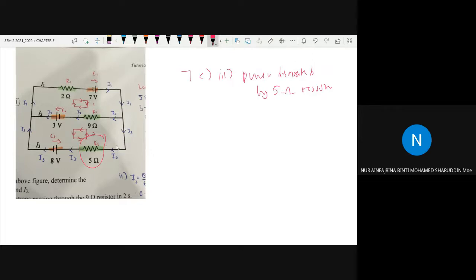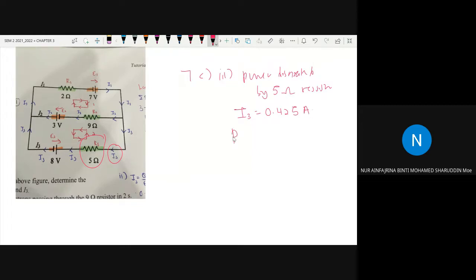So current yang lalu kita punya 5 ohm adalah current 3. Dan bila kita dah buat kecos kita dapat current 3 adalah 0.425. Okay, 0.425 ampere lah.